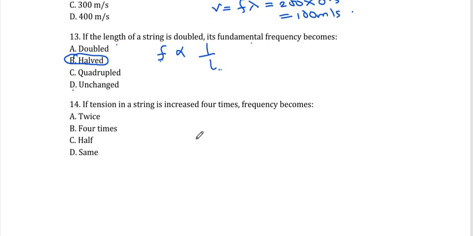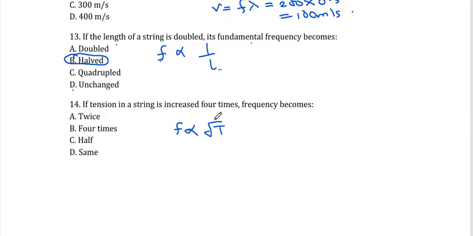Okay, so then the next one here, if the tension in a string is increased 4 times, the frequency becomes. The relationship between frequency and the tension of a string is that frequency is proportional to the square root of tension.